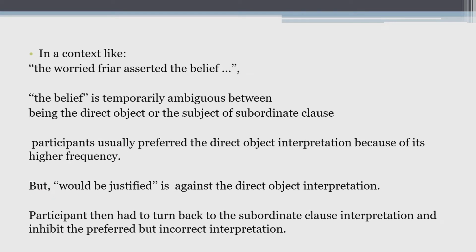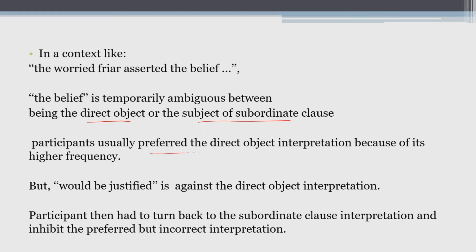In a context like the worried friar asserted the belief, till here there is no problem. It becomes temporarily ambiguous at that point, when either the direct object or the subordinate clause will be activated.